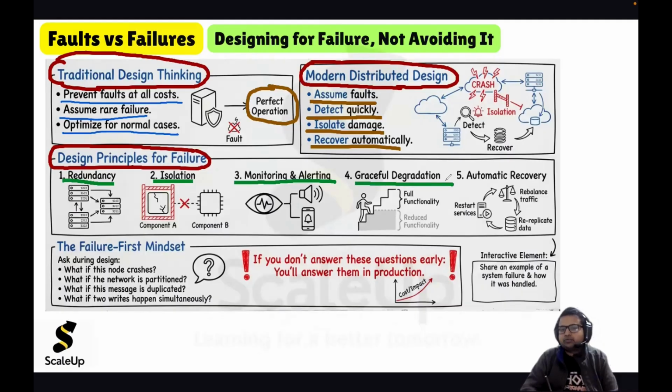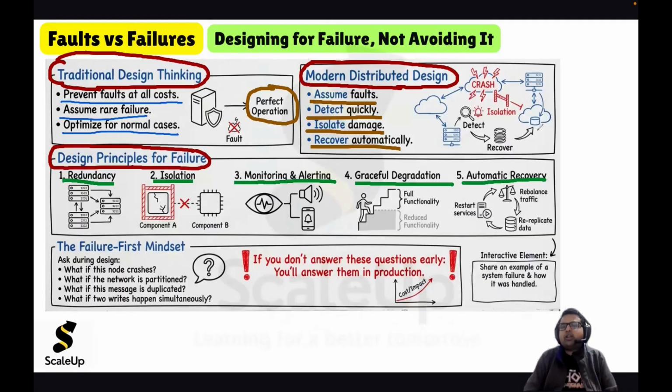Graceful degradation and automatic recovery. Graceful degradation means rather than a complete shutdown of the system, it should be gradual. We should reduce some functionality, then some more, and keep on doing it. That is graceful degradation.